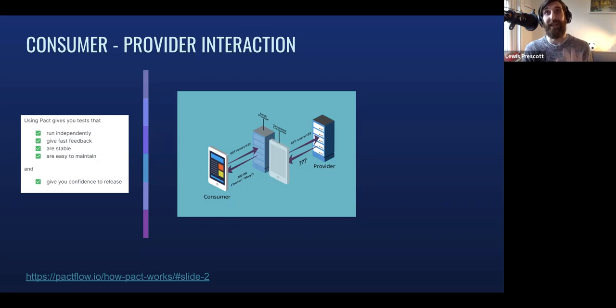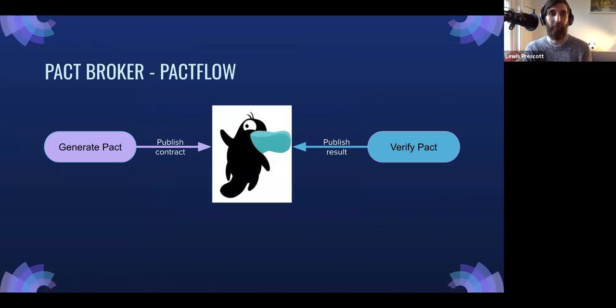And the main aim of these is to give you confidence to release within a microservices architecture, for example. The confidence is the main thing, right? Because before when we had our monoliths, we had our end-to-end test, which tested the whole thing, and we were confident. But now we need to make sure that all the pieces fit together in the puzzle.